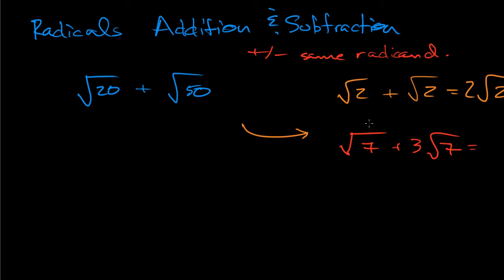This is like 1 times the square root of 7 plus 3 times the square root of 7. That would be 4 times the square root of 7. But if I wanted to add the square root of 2 and the square root of 3, well, that's already in simplest form.